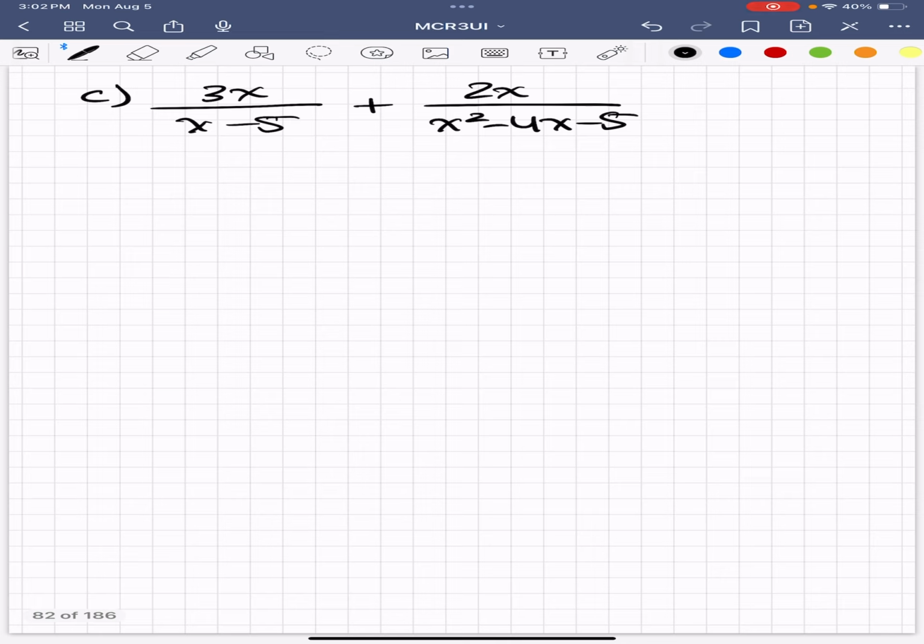Moving on. We have another trinomial here. So first things first, we're going to factor that trinomial.